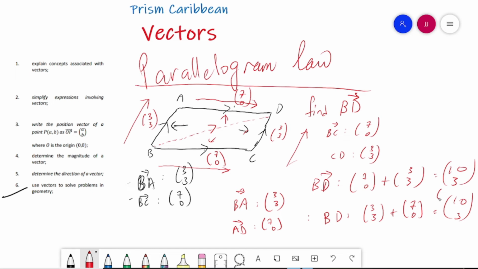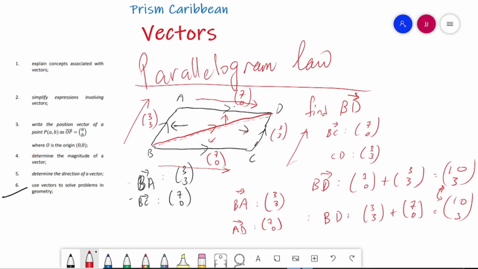And as you can see here, the answers are the same, so it's correlating. So that means either method would have worked, right? So just to make it clear, if we want to get from B to D, we can either go from B to A to D or B to C to D. And in both cases, that'll lead us to B to D, right?